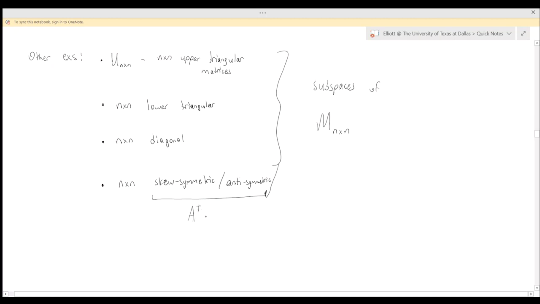It's one whose transpose is equal to the negative of itself. So these are some examples of subspaces of the space of n by n matrices.